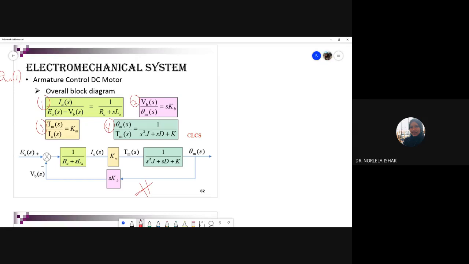Ea, because they have a difference, we come up with the summing. This is the individual block diagram. This is your Ea minus, this is your Vb, and this is your impedance Ra plus Las, and the output is the current.